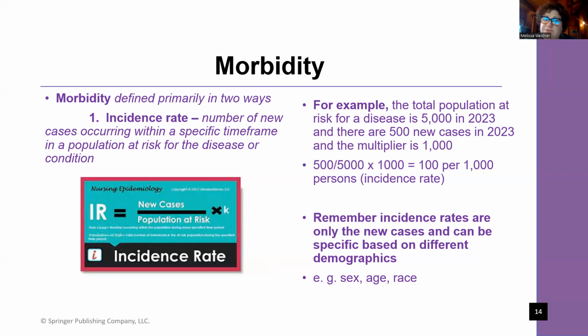So the incidence rate for that example is 100 per 1,000 persons. So there's 100 people that get sick out of 1,000. Remember, incidence rates are only the new cases and can be specific based on different demographics.